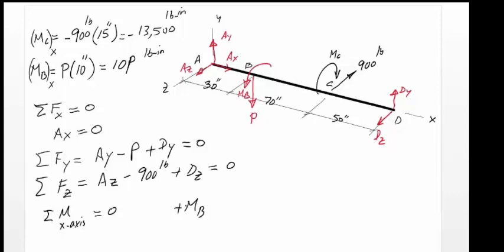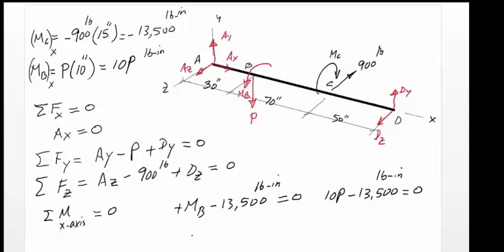At point C, we have a clockwise moment MC with a magnitude of 13,500 pound-inch, and the 900 pound force does not have moment about x-axis also. Similarly, DY and DZ do not have any moment about x-axis, so sum of these two moments must be equal to 0. However, MB was equal to 10P, so our equation becomes 10P minus 13,500 pound-inch equal to 0.